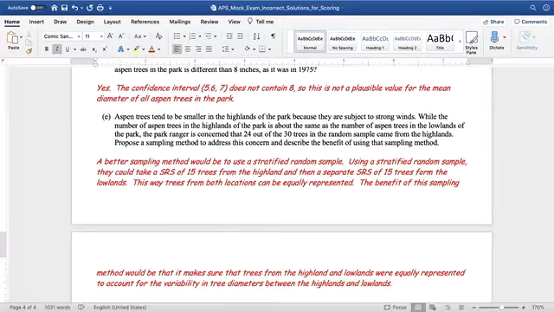So in other words, you have to describe, why am I doing that? Well, there are 2 locations, and those 2 locations explain the difference in diameters, explain the variability in diameters. Well, by equally representing trees from both locations, we are doing a better job of representing the overall population, because we believe that of the overall population of aspen trees, we have about the same number in both locations.